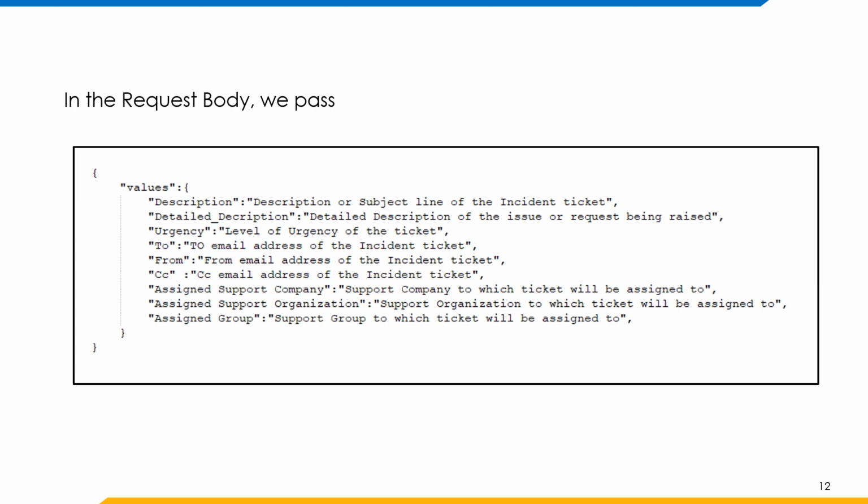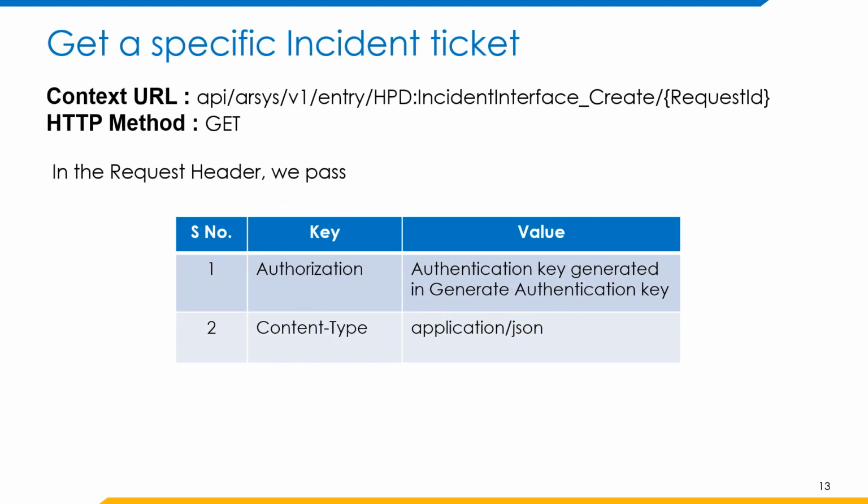Assigned support organization. This attribute specifies the support organization to which the ticket raised will be assigned to. Assigned group. This specifies the support group to which the ticket will be assigned to.